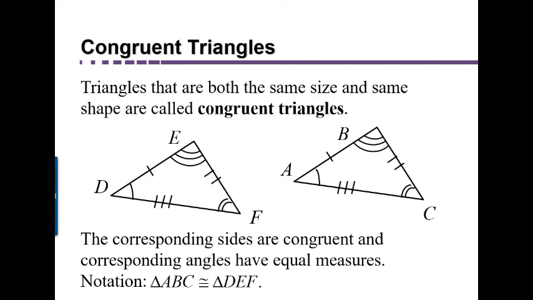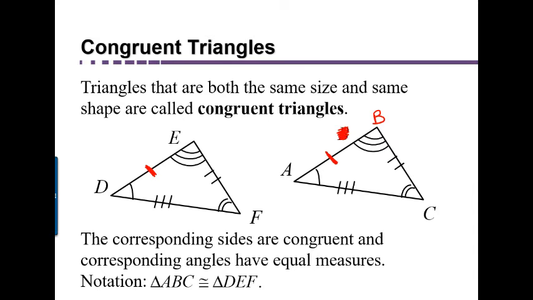So here we have two triangles, triangle ABC and triangle DEF. And these triangles are both the same size and the same shape. This is indicated with the little marks. You see how the side DE, for example, has one little dash on it, and the side AB, this is angle B up here.